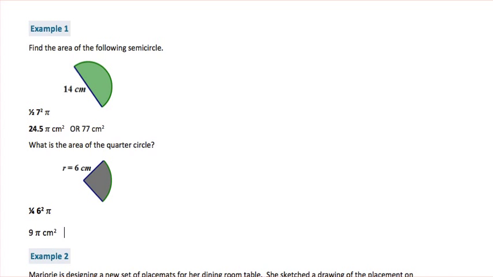And if we do an approximation, it would be approximately equal to 28 square centimeters. And again, I'm rounding to the nearest square centimeter.